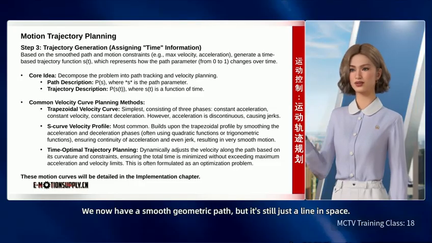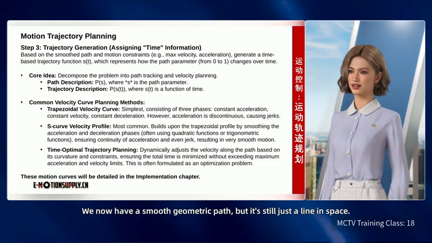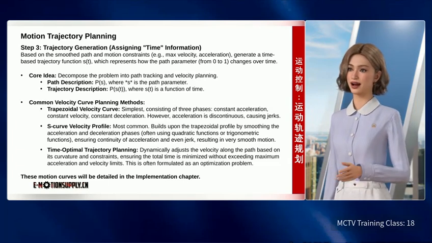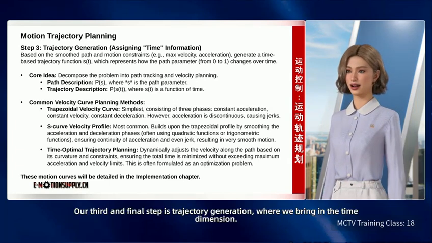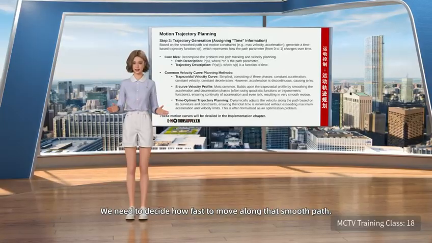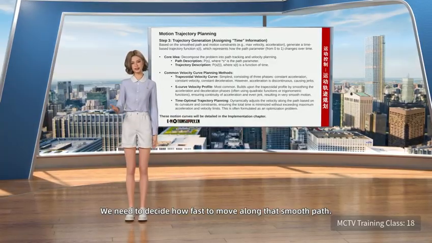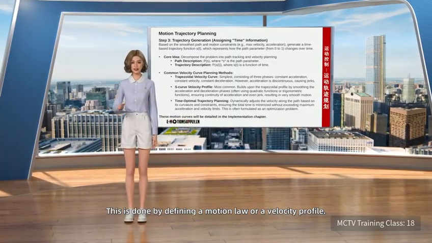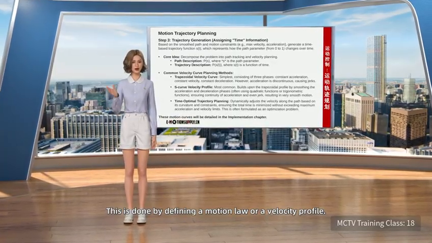We now have a smooth geometric path, but it's still just a line in space. Our third and final step is trajectory generation, where we bring in the time dimension. We need to decide how fast to move along that smooth path. This is done by defining a motion law or a velocity profile.